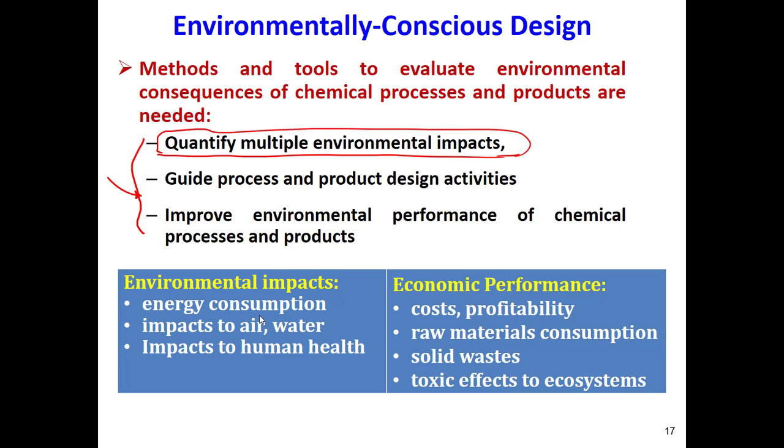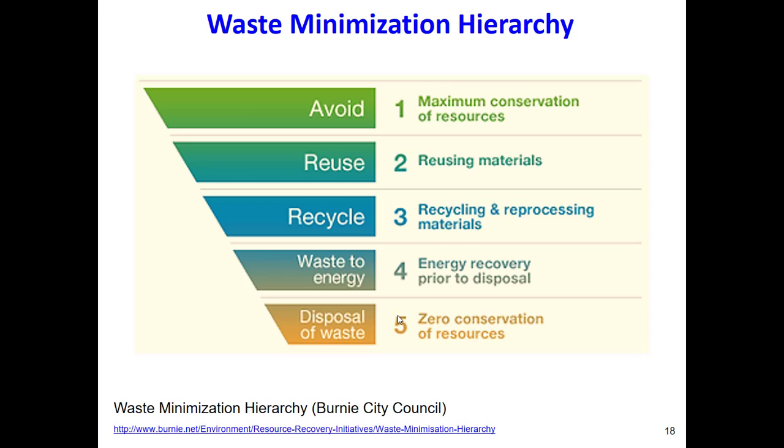I mean, how much energy we consume, what will be the impact of our process on the air or water, what will be the impact on human health, what's the cost of our process and how profitable it is, how much raw material we are going to consume, how much solid waste and liquid waste we are going to produce, and finally how much toxic material we are going to produce and how it will affect the ecosystem. Those are the important points that we need to consider.